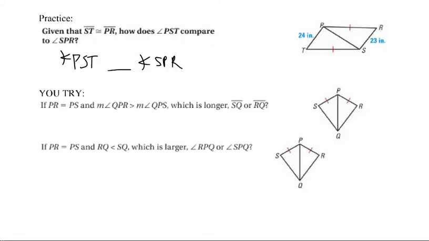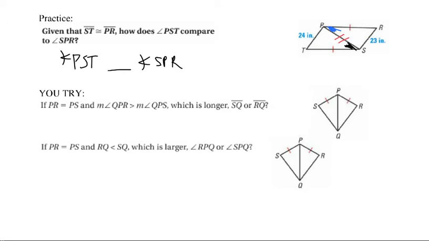On this one, we're going to use that information now to figure out which side or which angle is going to be larger. In this first triangle, PS is congruent to itself in both triangles because they share that side. That's something you're going to see come up quite a bit now. Then it says we need to compare the two different angles: angle SPR, this angle right here, and angle PST, this black angle right here.